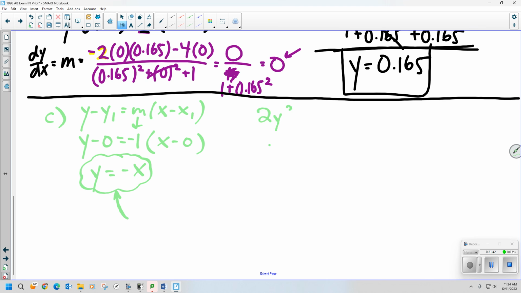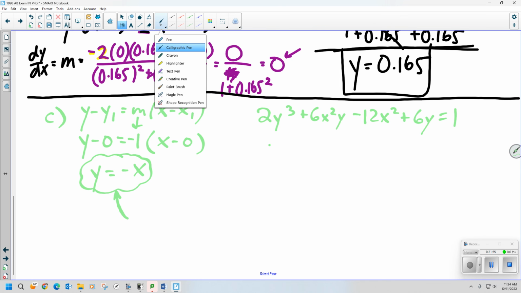I have my 2y cubed plus 6x squared y minus 12x squared plus 6y equals 1. Any place there's a y, I'm going to replace it with a -x.